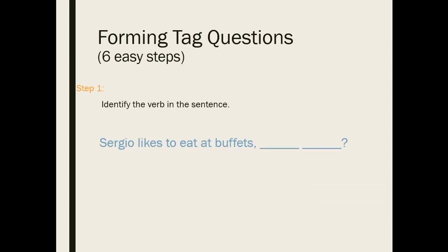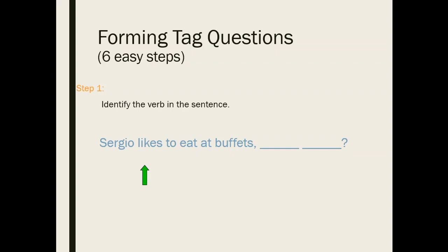Forming tag questions. We have 6 easy ways, 6 easy steps. Step number 1, you have to identify the verb in the main sentence. Sergio likes to eat at buffets. So this is the main part. Okay. Now what about the tag question? Likes.